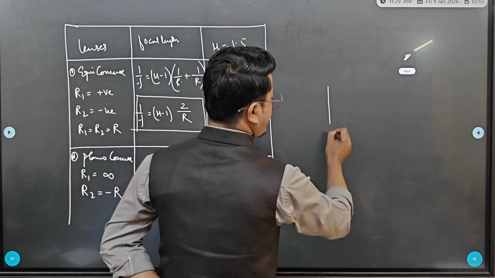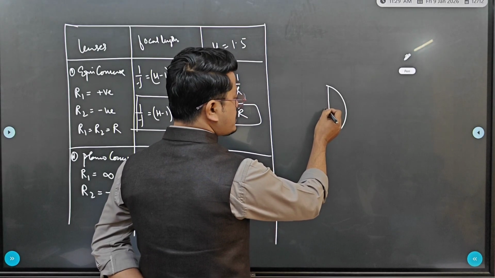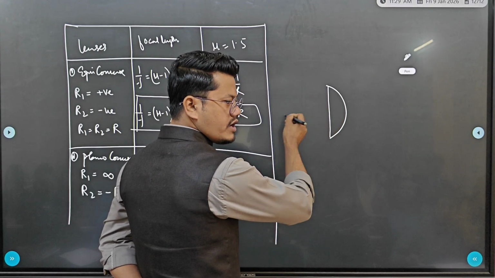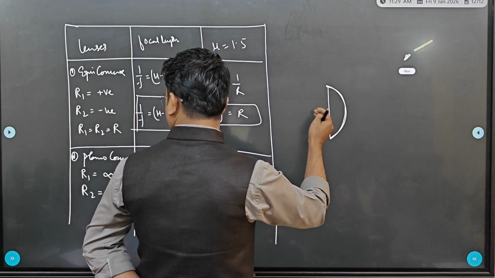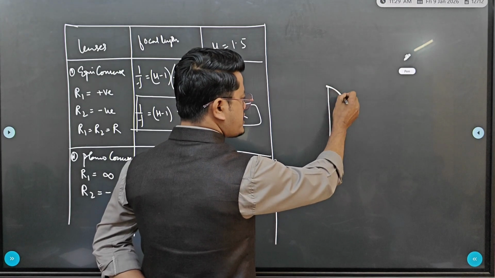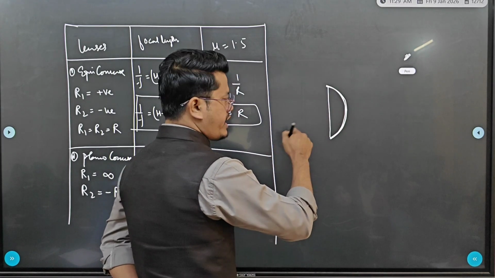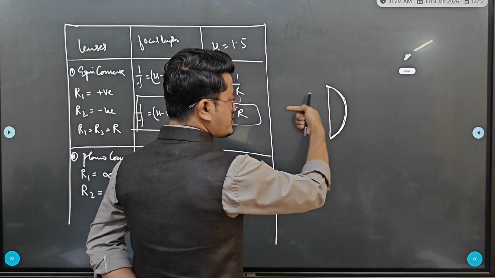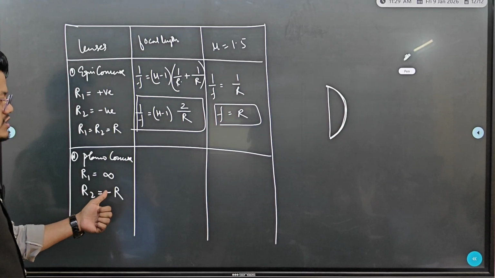This is plano convex, right? For this surface, the radius of curvature as well as the focal length will be infinite. But for this surface, I'll be getting the radius of curvature or not? And let me assume the radius of curvature for this side is R. Got it? And we need to calculate the radius of curvature towards the left-hand side. It is the reason why it should be negative. So R2 will be minus of R.